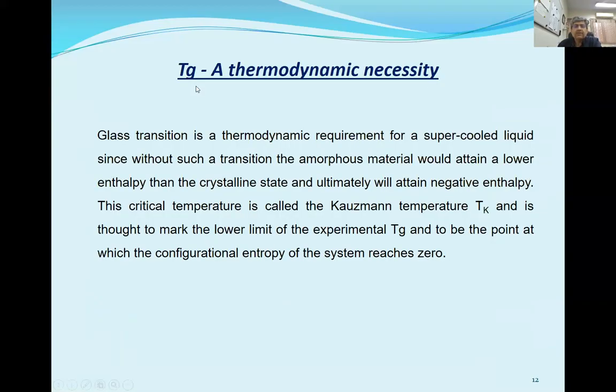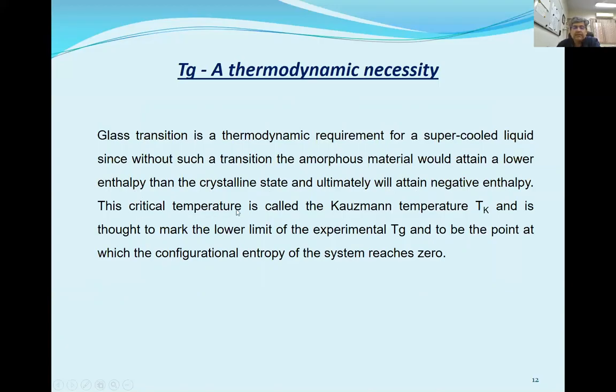So coming back to the question of what would happen if the TG did not take place, a very short answer is that the glass transition temperature, or TG, is a thermodynamic necessity, and we will try to understand why we are making this particular statement. The glass transition temperature is a thermodynamic requirement for a supercooled liquid, since without such a transition, the amorphous material would attain a lower enthalpy than the crystalline state and ultimately would attain negative enthalpy.